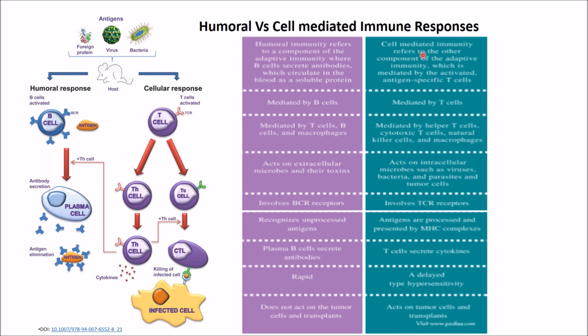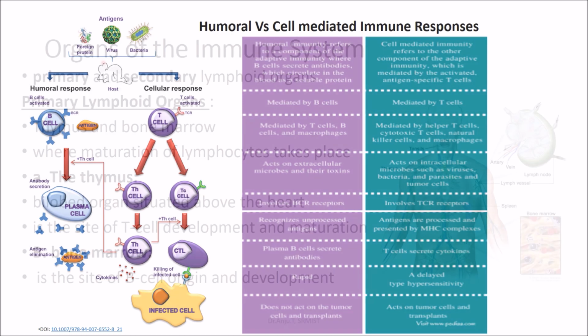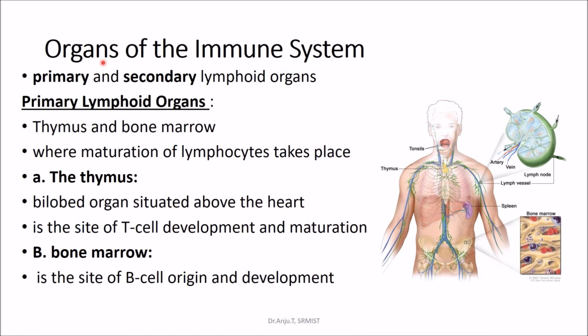The T cell mediated immune responses are called cell-mediated immune responses. The different organs taking part in the immune defense system are broadly classified into primary lymphoid organs and secondary lymphoid organs.